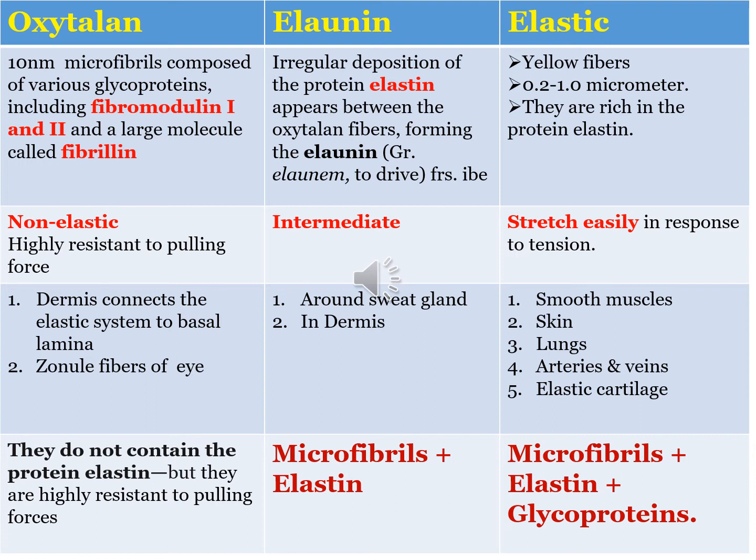So they have microfibrils as well as elastin. The third step is in which you see yellow fibrils 0.2 to 1 micrometer. They are rich in elastin proteins. They are stretched easily. They are found in smooth muscle, skin, lungs, arteries, veins, elastic cartilage, and they are composed of microfibrils plus elastin proteins plus glycoproteins. So they are the final unit, elastic fibers.